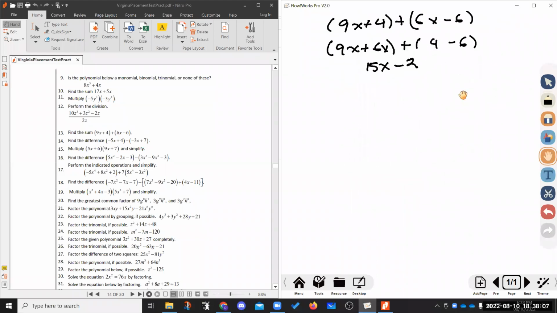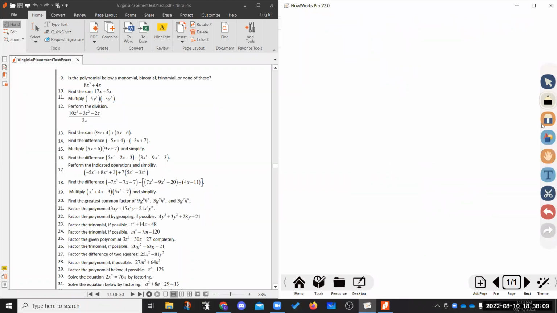Now, when we subtract polynomials, we need to add the opposite of the one that we're subtracting, because we don't know how to subtract other than to add the opposite. So negative 5x plus 4 minus negative 3x plus 7.